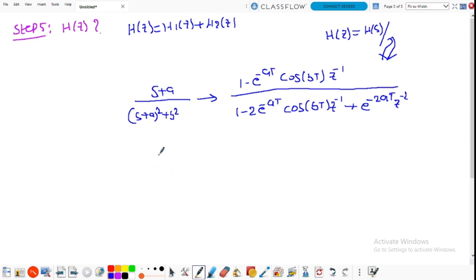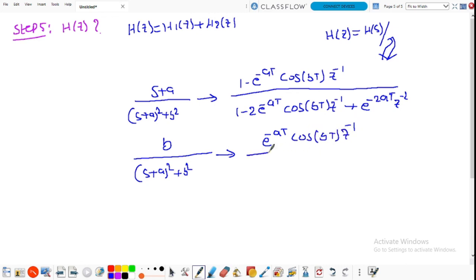And the second mapping formula for the impulse invariant transformation method is b divided by (s plus a) whole square plus b square is transformed or mapped into e power minus at sin bt z power minus 1 divided by 1 minus 2 e power minus at cos bt z power minus 1 plus e power minus 2at z power minus 2.